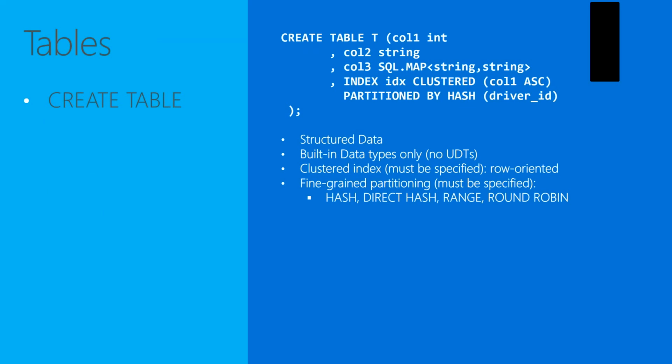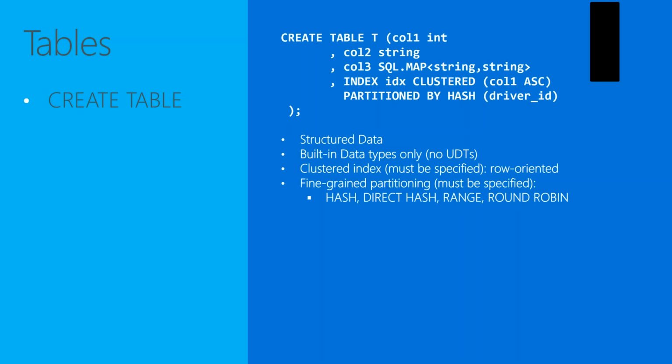Now, we talked about tables. You saw the create table as statement, but we also have the create table statement, which looks very similar to the SQL statement. The main differences are we don't have primary keys or anything like that. The only thing that we give you is the ability to define a clustered index and give you partitioning information. Now, this partitioning information is an internal fine-grained partitioning. That means it doesn't allow you to address individual partitions.